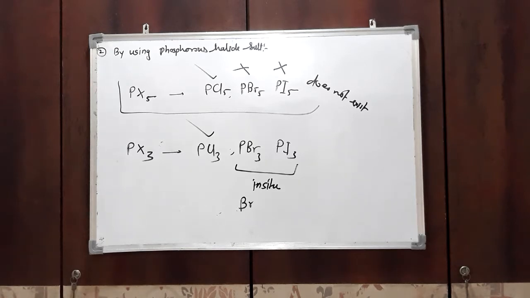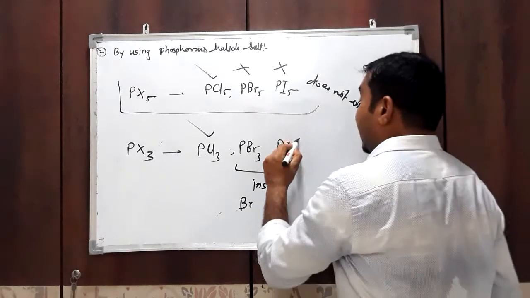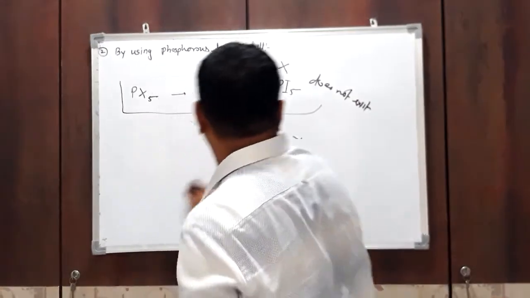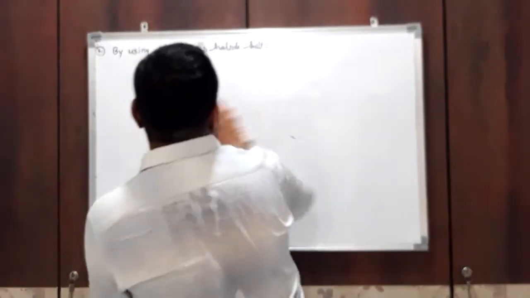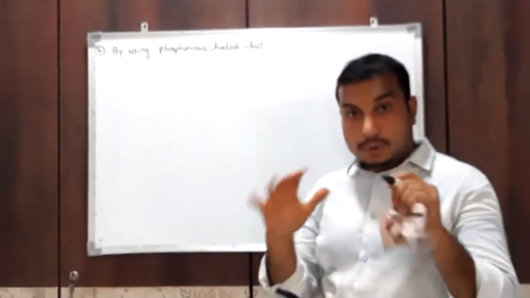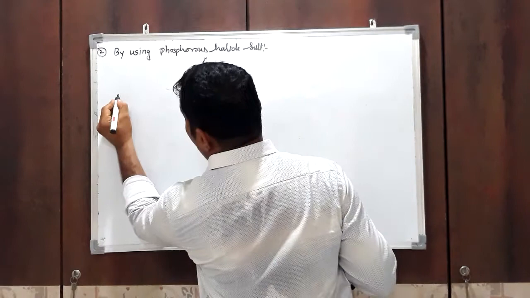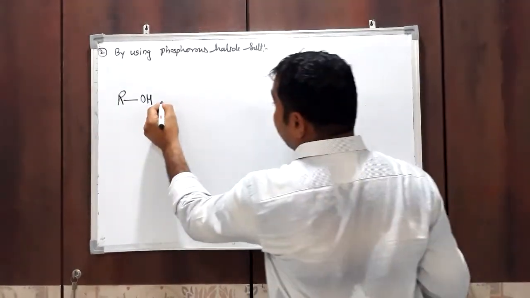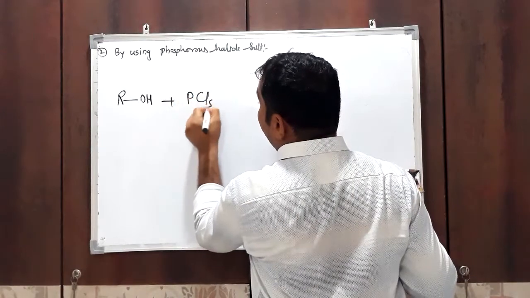Phosphorus metal and bromine, or phosphorus metal and iodine. Okay, so we will discuss one by one. Now what do we have to do in this reaction? Here also, the alcohol ROH is refluxed with PCl5.